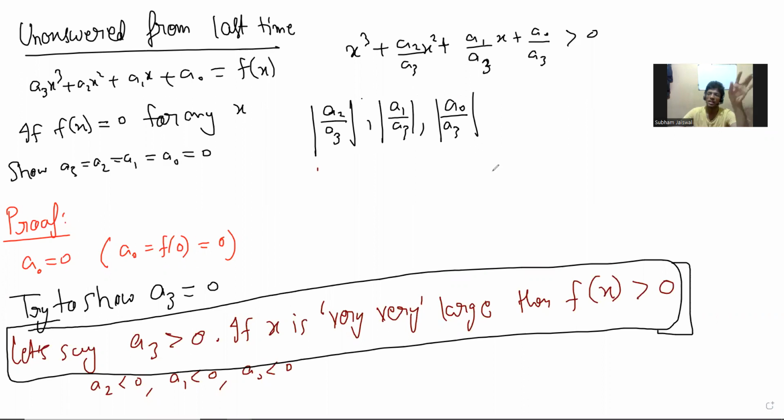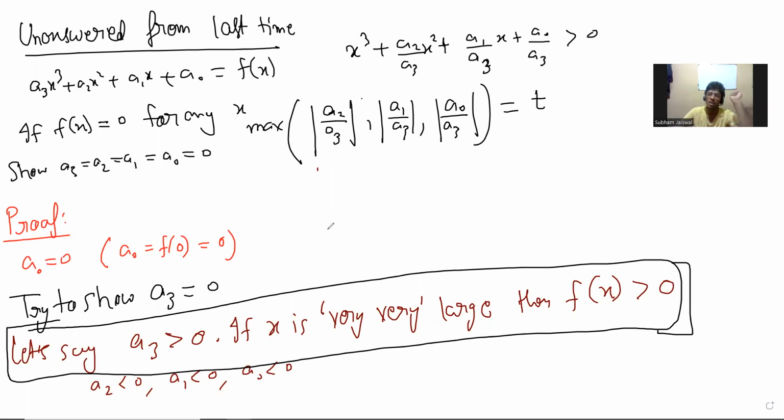Because we all know that there is some x, but what is it? Can you say something about it in terms of these three? That is an important thing to have. So you take just the positive parts, because all three are negative numbers, and then you take the max of these. Let's just call it t.